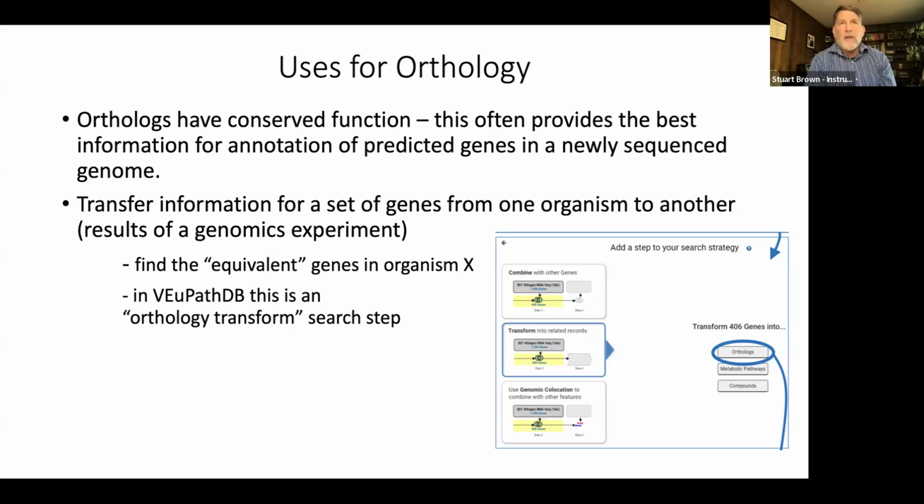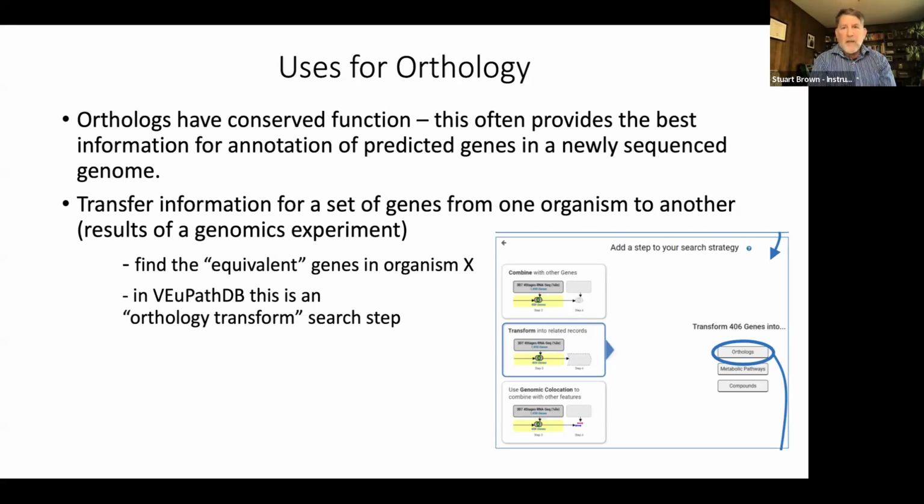Or you've done an experiment in a model system and you want to translate those results to another organism where perhaps you need to develop a drug. So in both cases, we are looking to find the equivalent genes in another organism based on a list of genes in a particular organism where we've done some type of computational and genomics experiment.